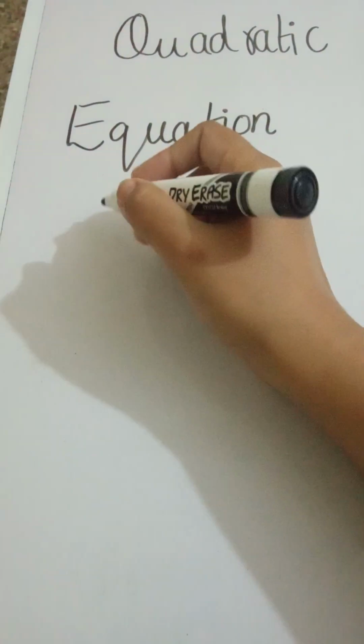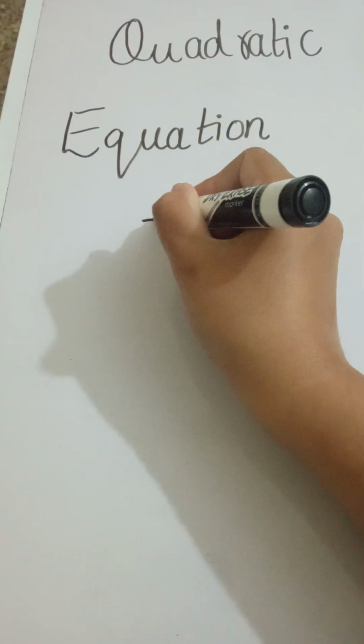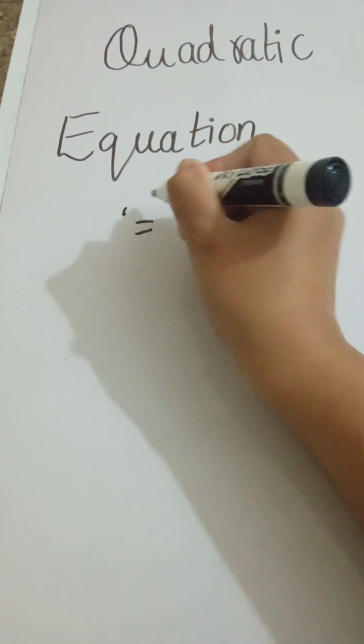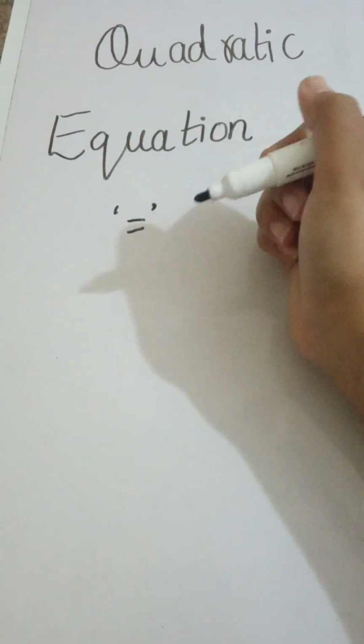So we move towards the topic now, quadratic equations. What is an equation? First of all, I'll tell you the basic concept that an equation is that in which there is a sign of is equal to. There is no concept of algebra related to equation.